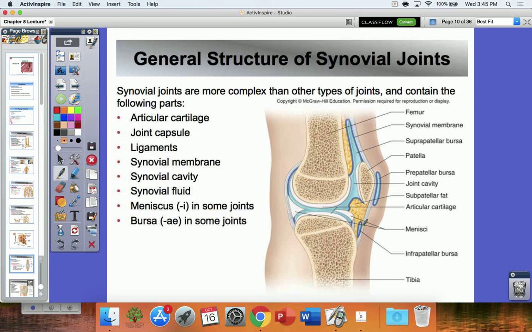We have a bursa right in front of, or anterior to, the patella. Those are fluid-filled paddings. So the meniscus is a padding, but we also have fluid-filled paddings called bursa to help with cushion as well.